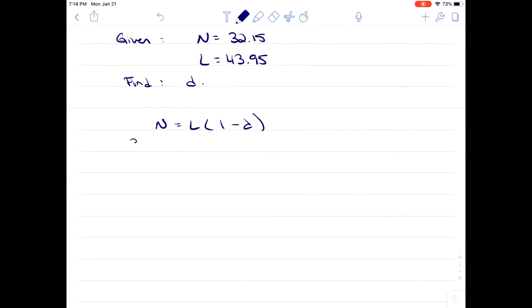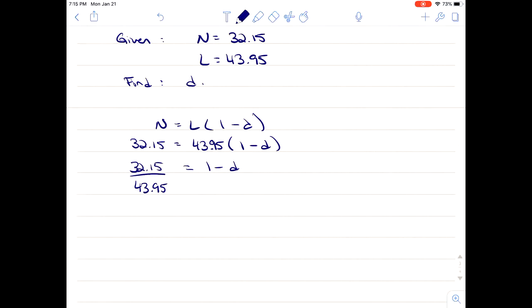All right, so I'm going to put in my values. 32.15 is 43.95 times 1 minus D. So if we're trying to solve for D, right, we're going to divide both sides by 43.95. And that's our first step. So we've got 32.15 over 43.95 is 1 minus D. The 1 minus D doesn't have to be in brackets anymore because it's not being multiplied by anything.